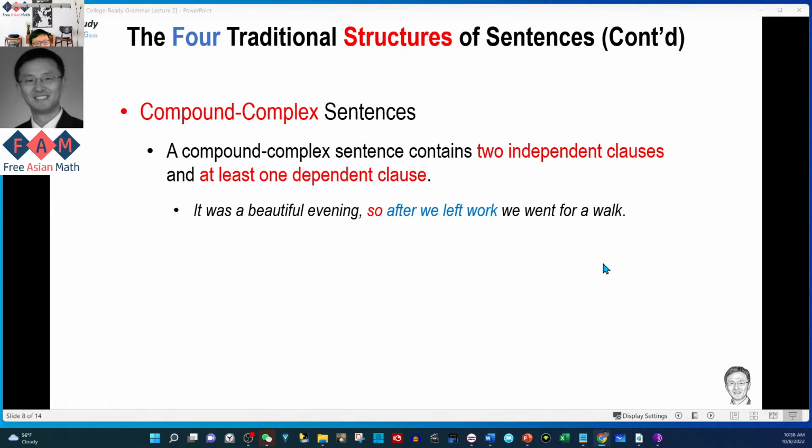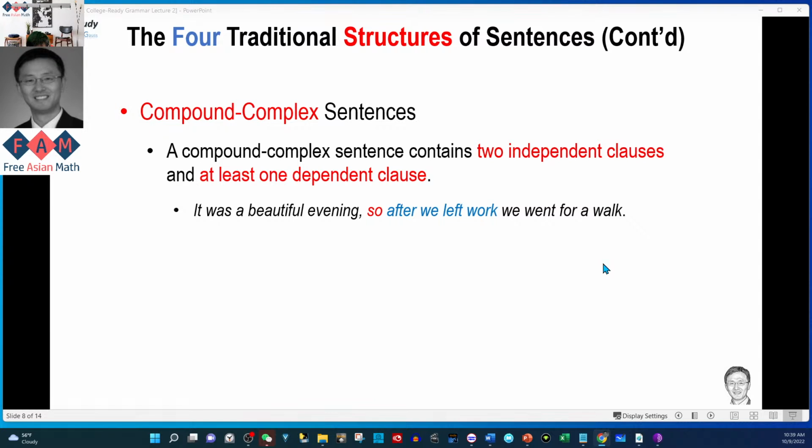So if we just separate it out, after we left work, we went for a walk. What kind of sentence is that? It's a complex sentence. Because after we left work, we went for a walk, itself contains two clauses, right? And clearly, because of this "after" we introduce a dependent clause, we left work.